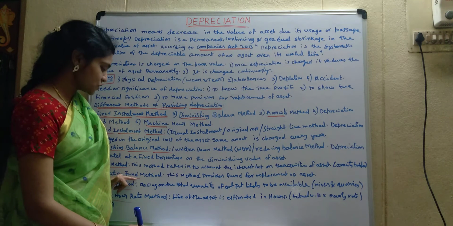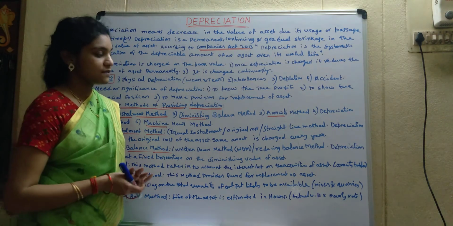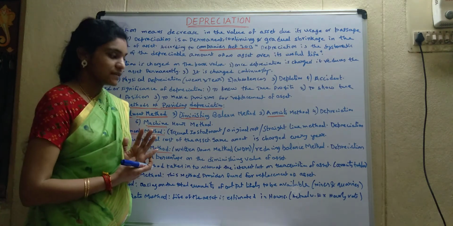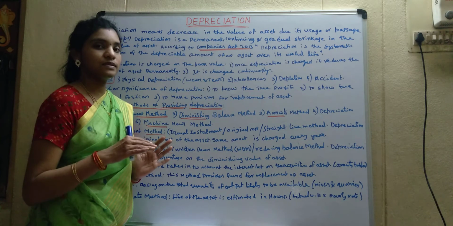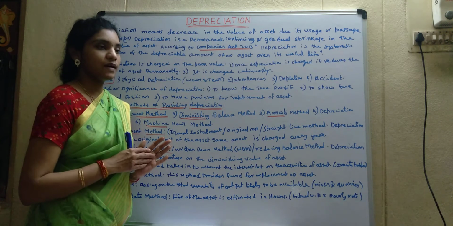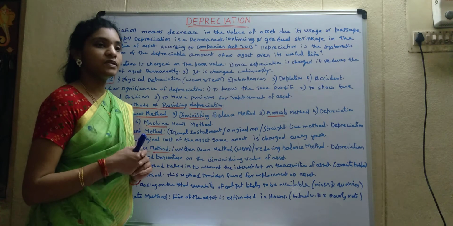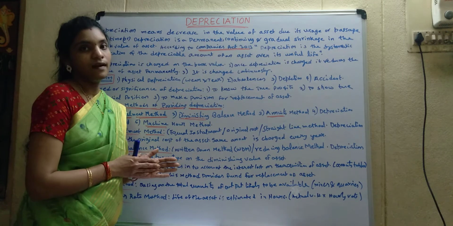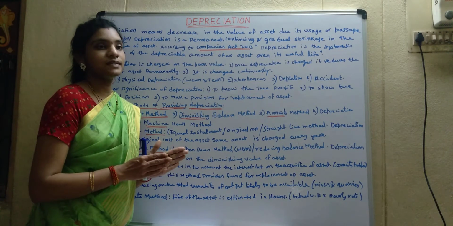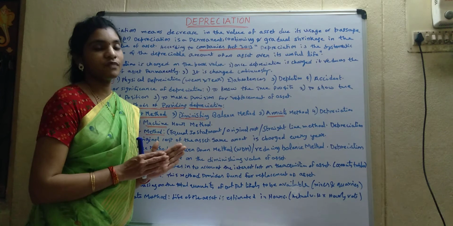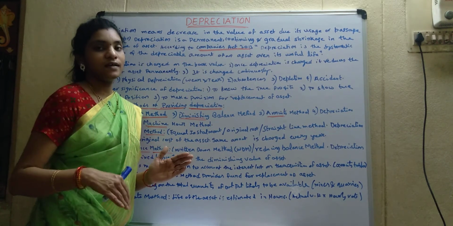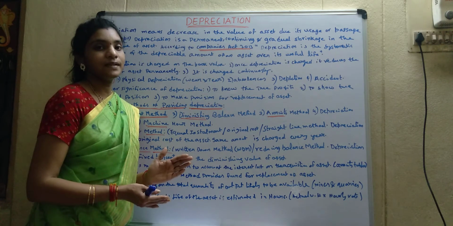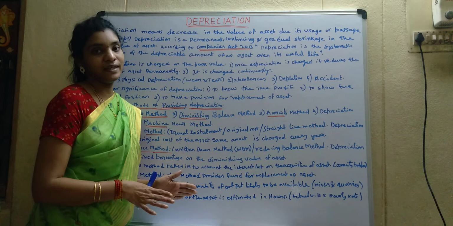And coming to the depreciation fund method. This method provides for replacement of the asset. In this method, some amount is deducted from the value of the asset. That amount is called the depreciation fund, and it is put aside. They buy some securities with that depreciation fund amount, and at the end of the lifetime of the asset, they buy the new asset by selling the securities.